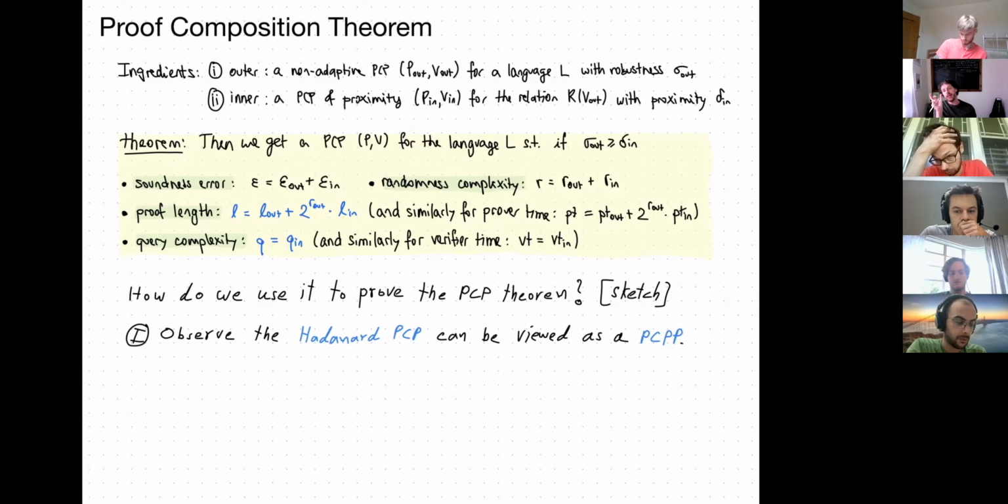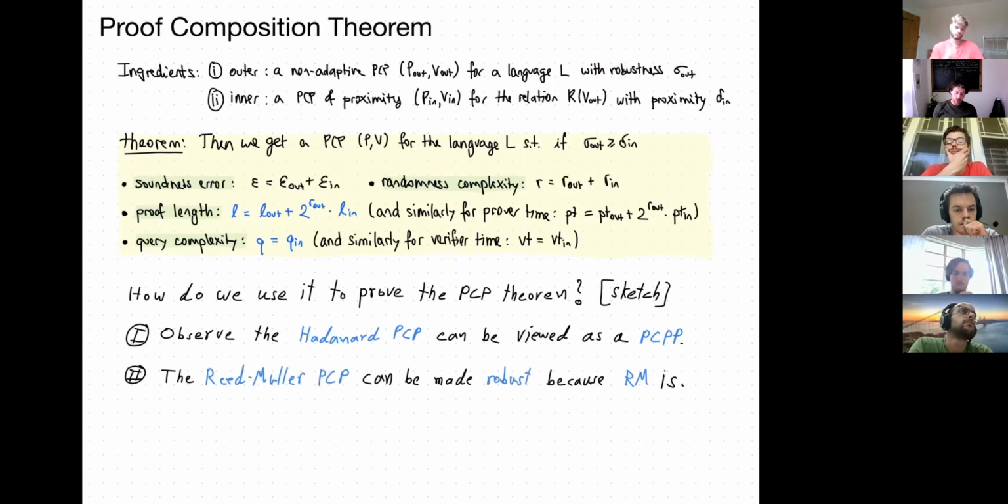Then the instance that we want to check is whether a given assignment is satisfying or not, and the proof would be all of the Hadamard encoding that we've used. So in fact, the Hadamard PCP can be cast with essentially no changes as a PCPP for, instead of a satisfiability problem, an evaluation problem. If you think about it, what we want to do is check whether a view is an accepting view. So it's indeed an evaluation problem and not a satisfiability problem. So we actually have this PCPP.